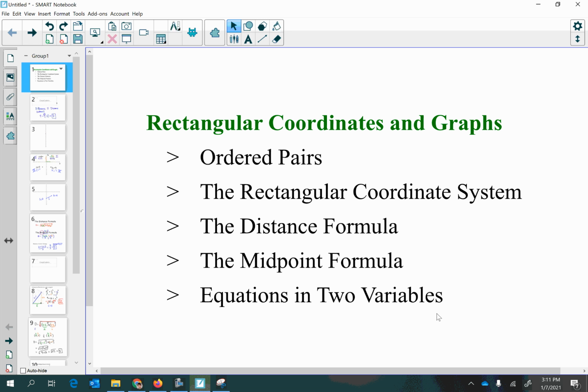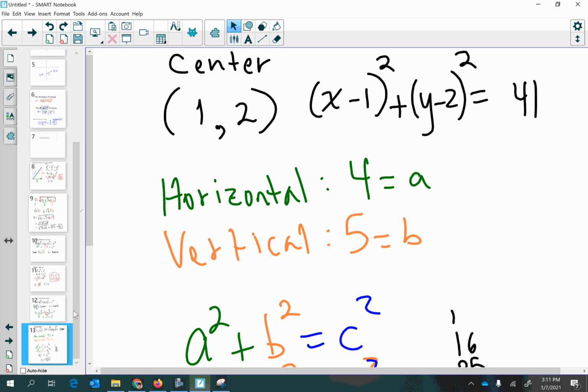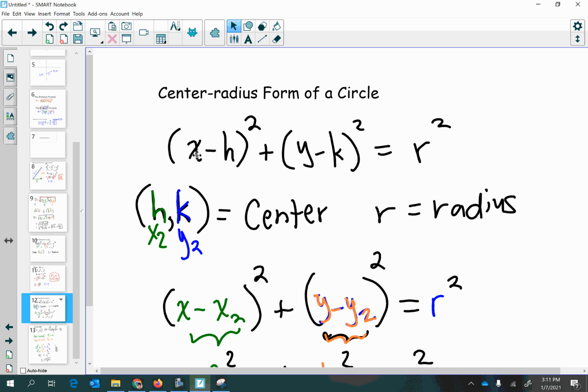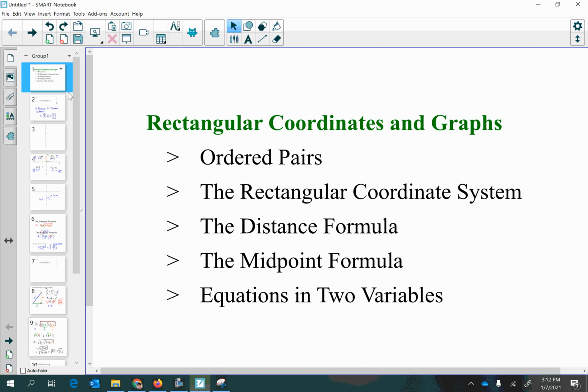Now, we didn't really talk about that explicitly, but we were doing equations in 2 variables. For instance, the equation of a circle is an equation in 2 variables because it involves the x variable, so where it's going to be horizontally, and where it's going to be vertically. So anytime you have a situation that would require information about the horizontal and the vertical locations of things, that would be an equation that would have an x and a y in it, and that would be called an equation in 2 variables.